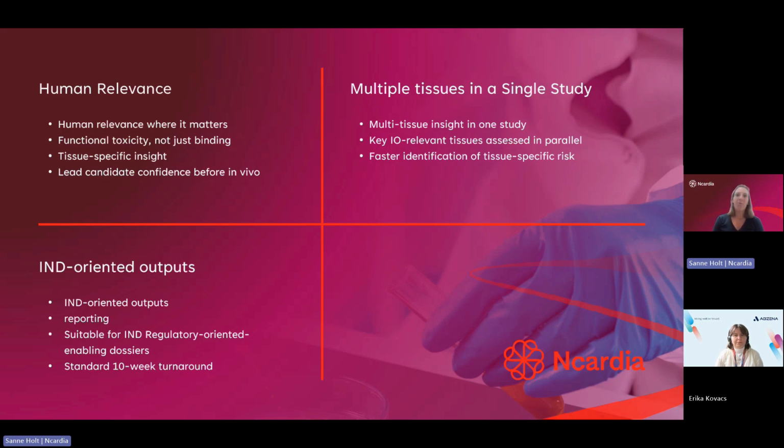You can always then follow up these risks with other assays, but at least it will put you in the right direction for where potential risks could be. You have multiple tissues in a single study, and they're very key relevant tissues. And as I said, the panel can be expanded with whatever tissues are relevant for the drug that you're testing.